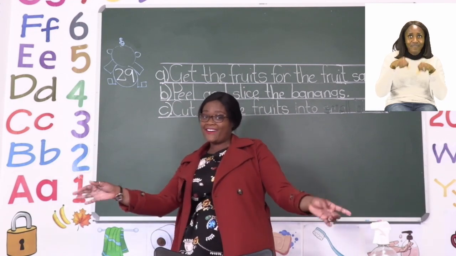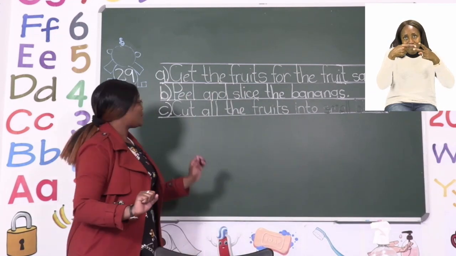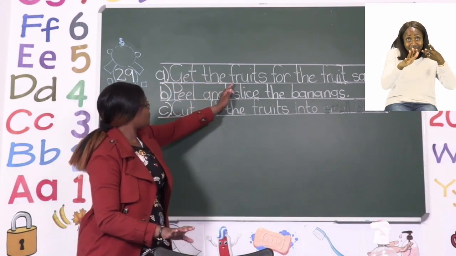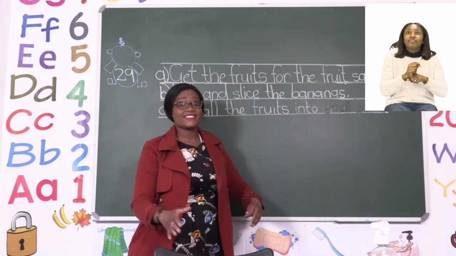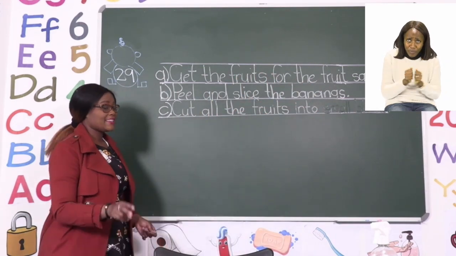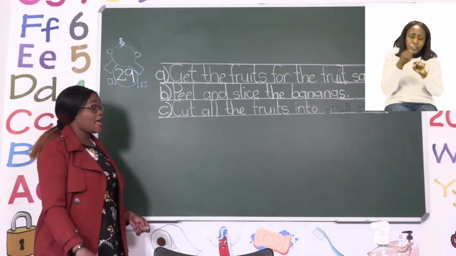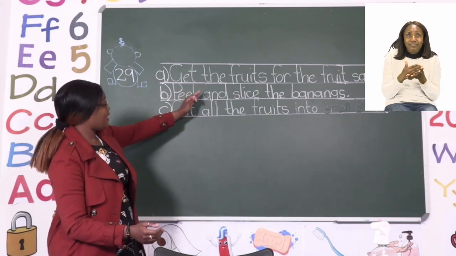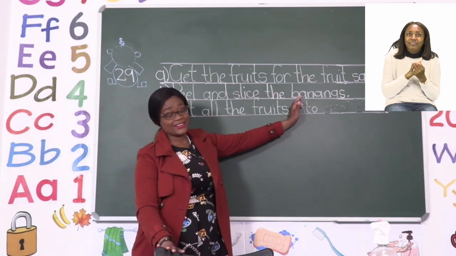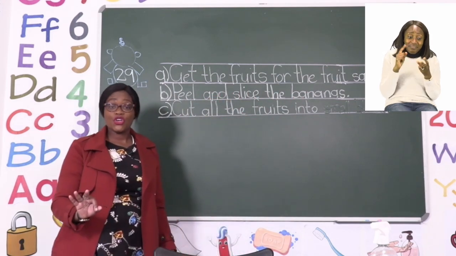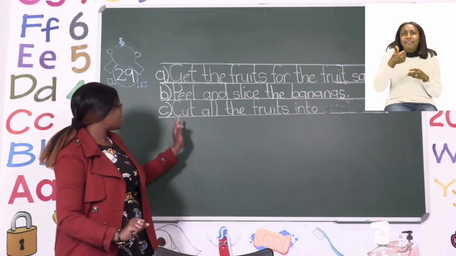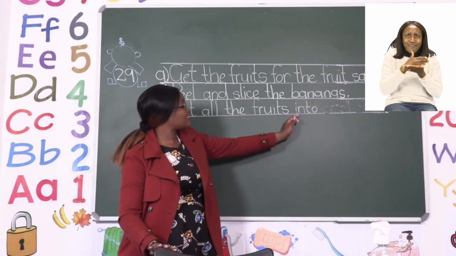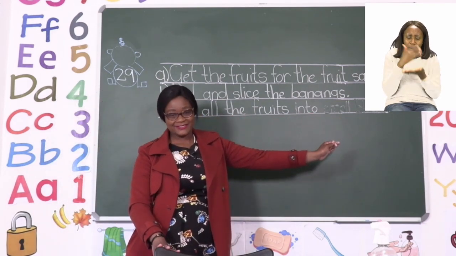So we now have three things we need to do. We first get the fruits for the fruit salad. That's the first thing we need to do. The second thing that we need to do, and also for Ndeshi to make her fruit salad, is to peel and slice the bananas. And then the third thing we need to do is cut all the fruits into small blocks.